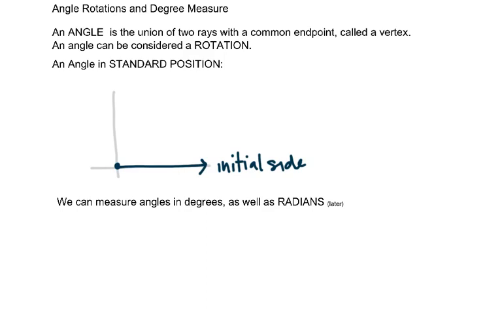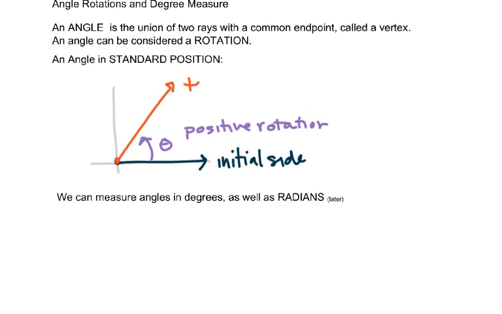And considering this angle as a rotation, we'll have some theta. In this case, we have a positive rotation, which creates our terminal side, which is also connected at that origin, creating this vertex.